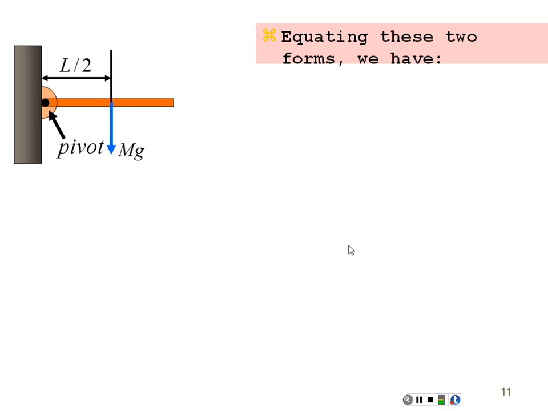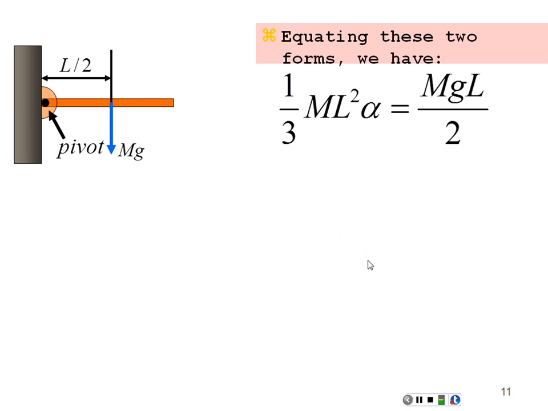So equating these two forms, we have 1/3 ML squared alpha is equal to mg L divided by 2. The M's cancel out, one of the L's cancels out, and solving this for alpha, we get 3g divided by 2L as the angular acceleration of this rod. The whole rod at once has the same angular acceleration all the way through the rigid body.